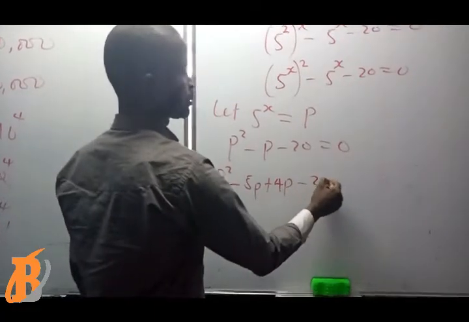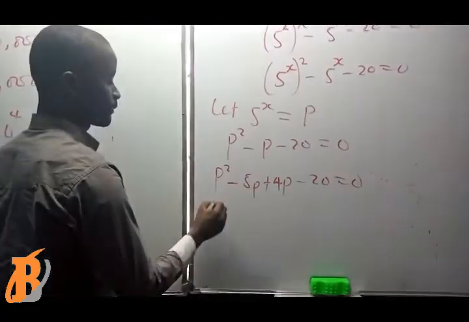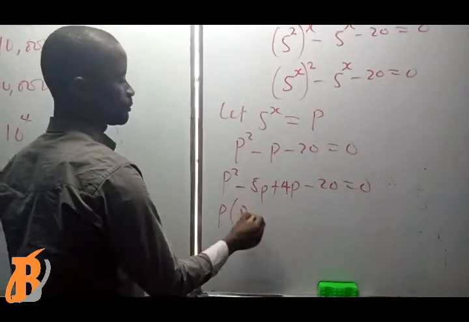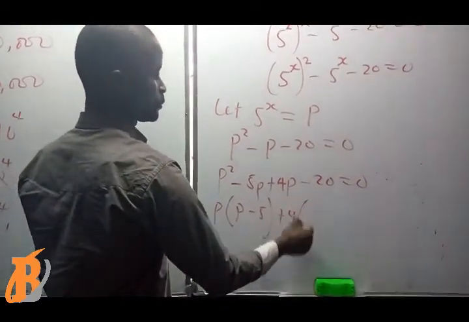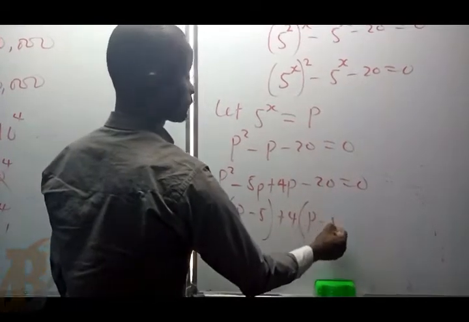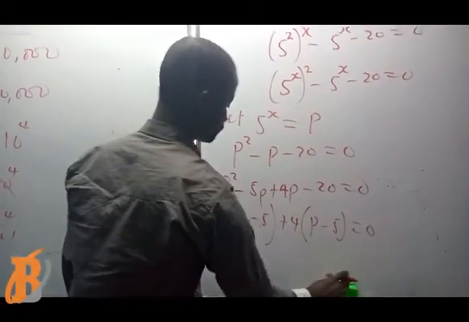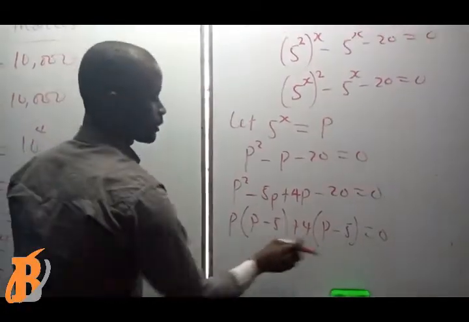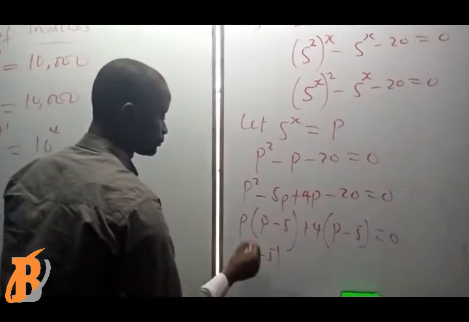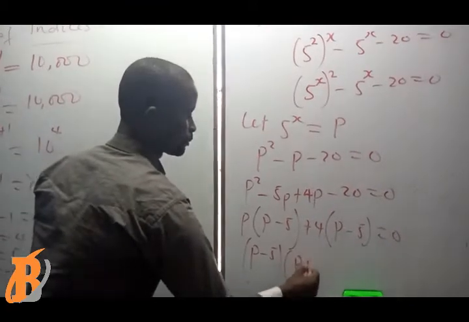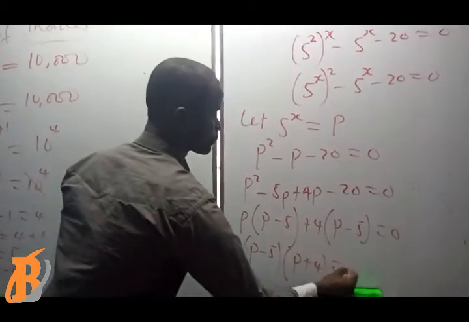Minus 20 is equal to 0. Then we have p into p minus 5 plus 4 into p minus 5 equal to 0. So you have the same factor. You take one. Therefore, you have p minus 5 into p plus 4 equal to 0.